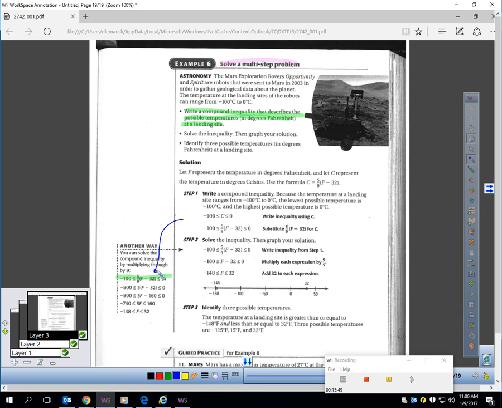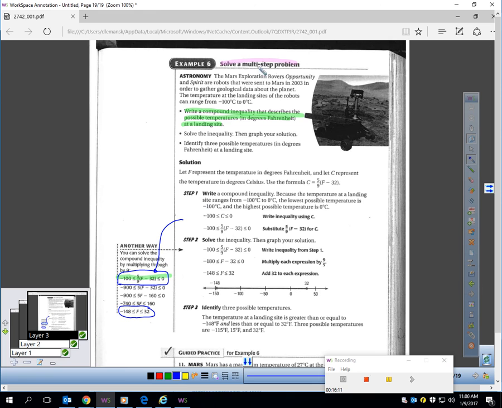There's that Fahrenheit formula we learned, or at least were exposed to in lesson 5 of chapter 1. You can see they wrote a compound inequality. This must be an AND problem then. And then you can see that they are isolating F to get their temperature range for this.